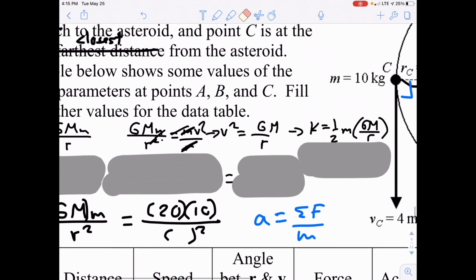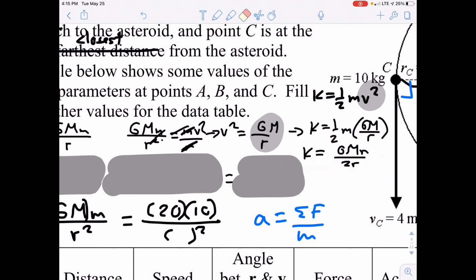If we plug that into our kinetic energy formula, reminding ourselves that kinetic energy is 1/2 mv squared, we substitute v squared with GM over r. We end up with a kinetic energy equation of GMm over 2r. But I think we'll actually be good to go with this right here. Since we already have the speed and the mass, we're good to go making our kinetic energy calculations that way.